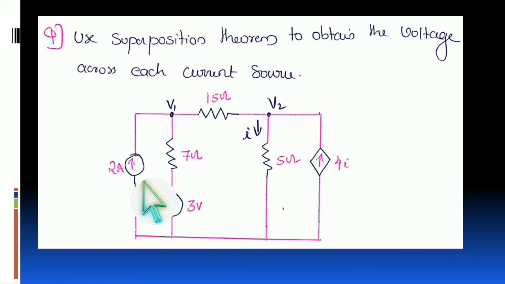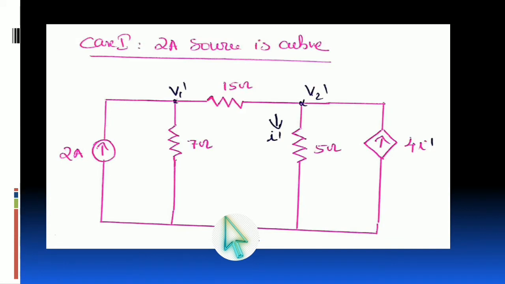Henceforth, for calculating the response created by this 2 ampere current source acting alone, we replace this 3 volt source with a short circuit. After doing that, our circuit will look like this.